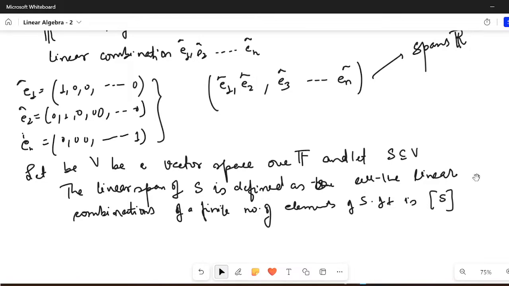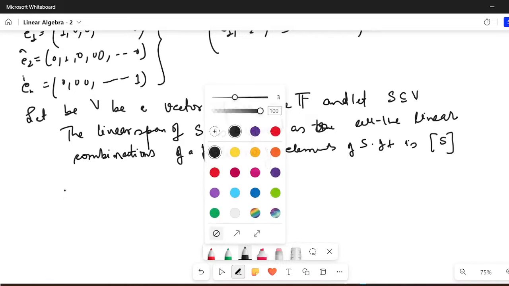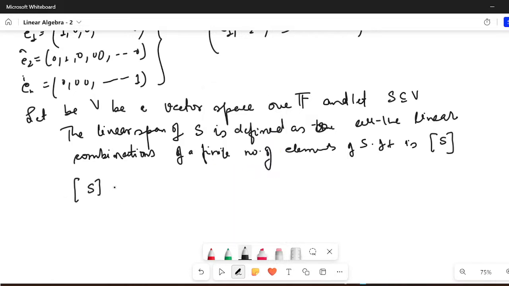And basically, what does it mean? It means, what comes in span? In span comes all the possible linear combinations. So all the possible linear combinations I'm going to write here.